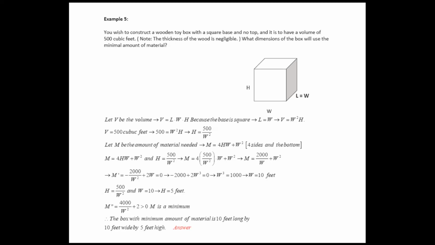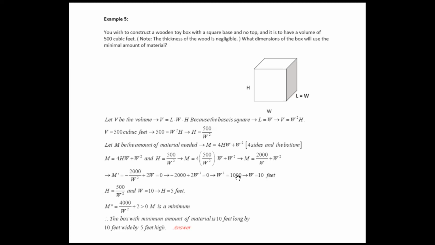Okay? Now, let's see if we can solve for W to find our critical numbers. So what we'll do is we will simply bring this over, which will make it positive, and divide by 2. So we have W cubed is 1,000. We're not showing every step in these problems.